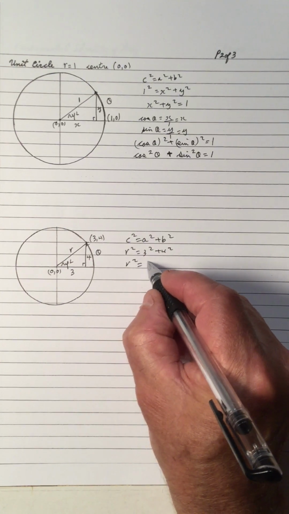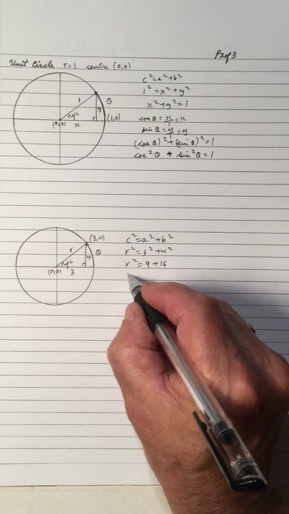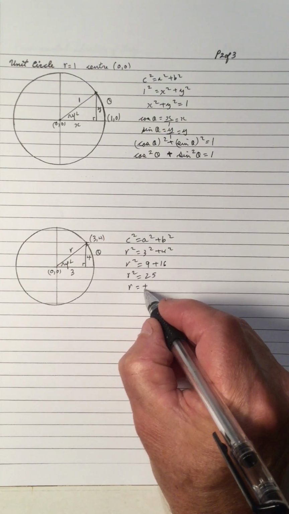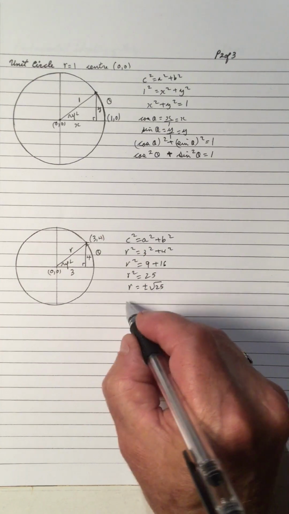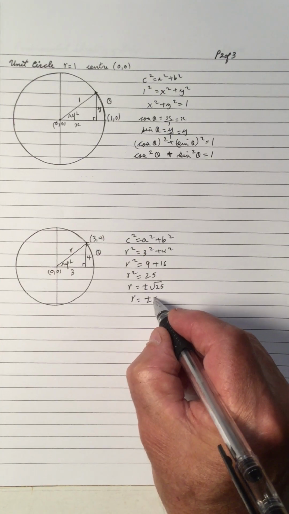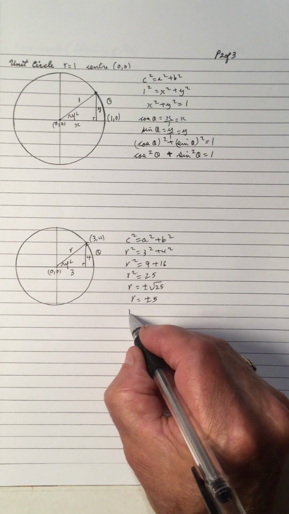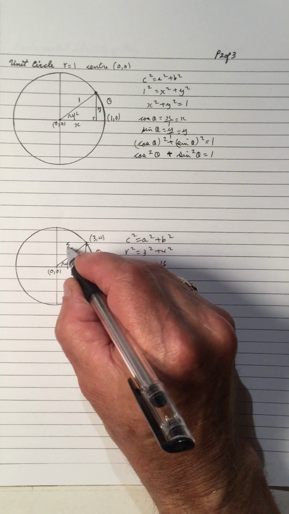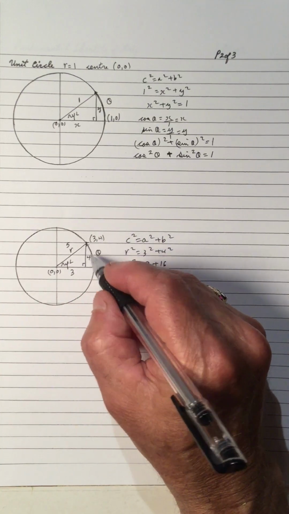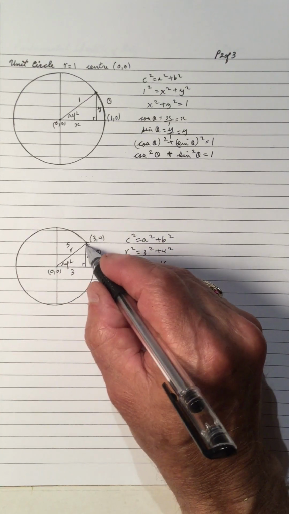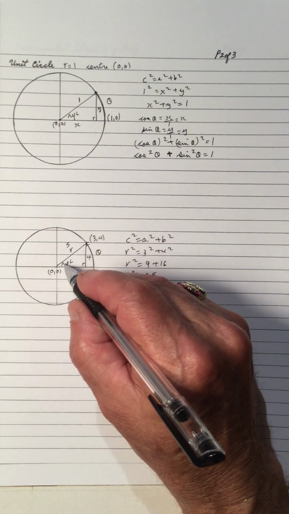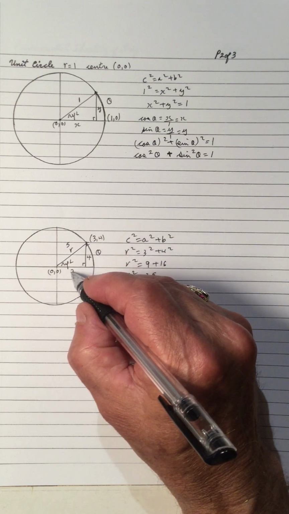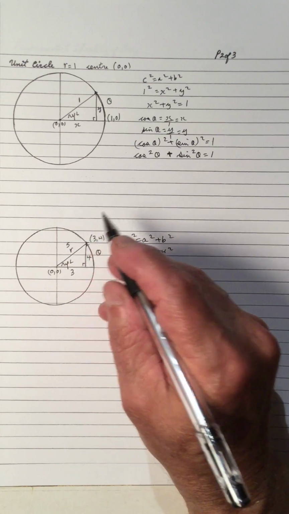So r squared is 9 plus 16. r squared is 25. r is plus or minus the square root of 25, so r is plus or minus 5. But the radius of the circle is 5, so this is a 5 here. Theta is the angle of rotation here, and this angle is the same as the reference angle. So the triangle has sides of 3, 4, and 5.